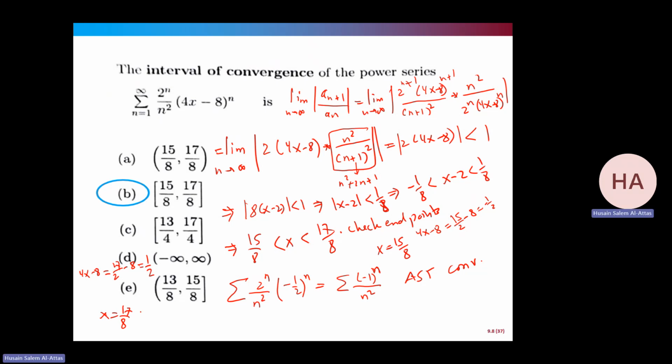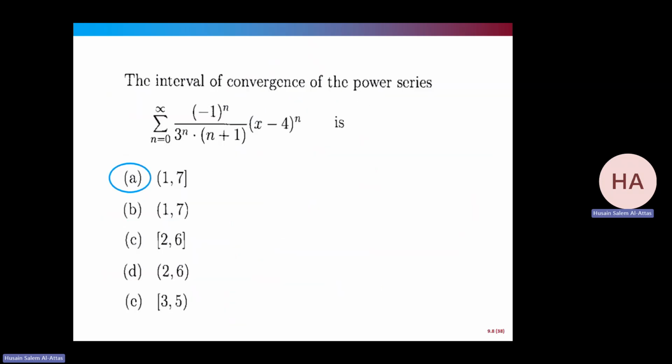So the series will be 2 to the power n over n squared, times half to the power n. So 2 to the power n cancels, leaving 1 over n squared. I know this converges, a p-series. So both converge, so the interval will be closed, 15 over 8 to 17 over 8, closed from both sides. So this will be my answer. It's a matter of calculation.